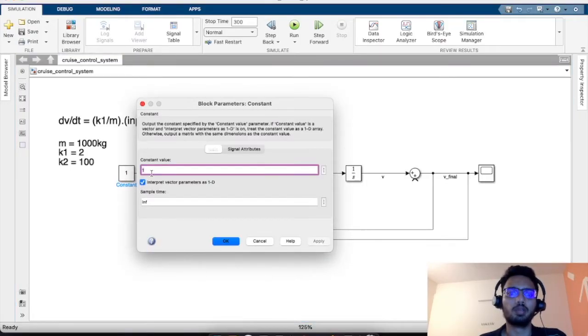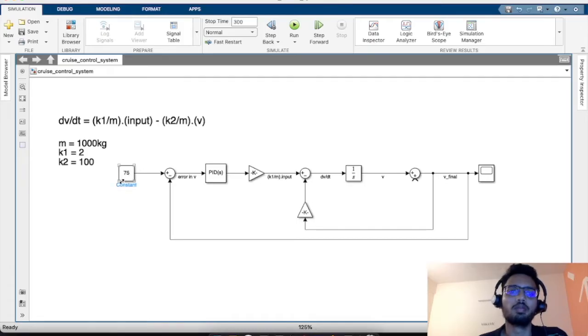Let us assume that the driver is trying to fix the speed at 75 km/h, which we saw during the introduction to this cruise control. So we have the error signal here that is given to PID, which is amplified by this gain, not necessarily amplified, and then it is given as input to this plant.